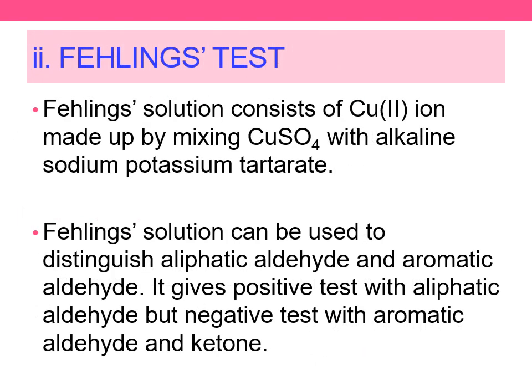Okay, now let's look at Fehling. Fehling solution consists of copper 2 ion made up by mixing copper sulfate with alkaline sodium potassium tartrate. It can be used to distinguish aliphatic aldehyde and aromatic aldehyde. So it will give a positive test to aliphatic aldehyde but negative test to aromatic aldehyde and all ketone.